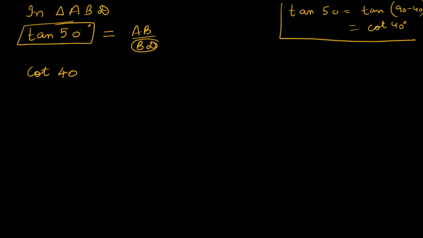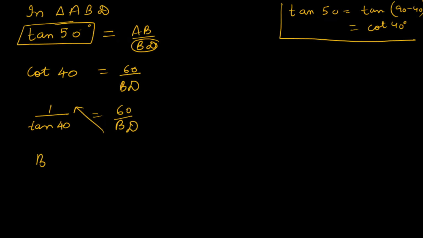You just have to subtract this 50 from 90. We get cot 40, AB's value is 60, and BD we have to find. Cot 40 we can write as 1 by tan 40, applying the reciprocal relation, equals 60 by BD. Shifting BD to the other side and tan 40 to the other side, BD is equal to 60 into tan 40.